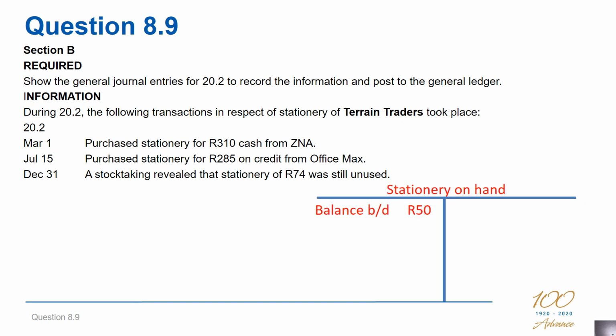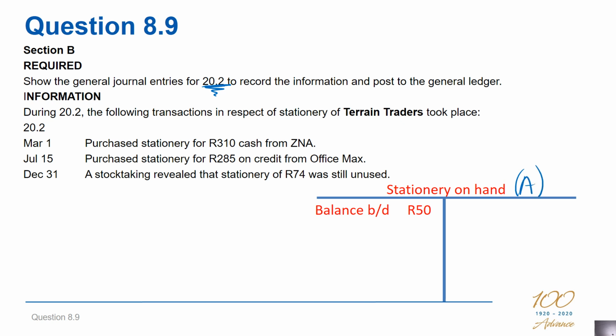If I have a look at what I will start out with in the 20.2 financial year. Remember, in section A, we had the asset not yet consumed of 50 Rand.